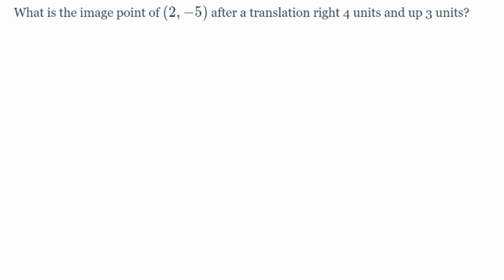We're taking a look at a second example of these because it's very important to understand. Are we changing the X or are we changing the Y? Left, right, up, and down. So as we look at this example, it says the image point is at 2, -5, translated right 4 units. Remember, that is a change in the X value, and up 3 units.